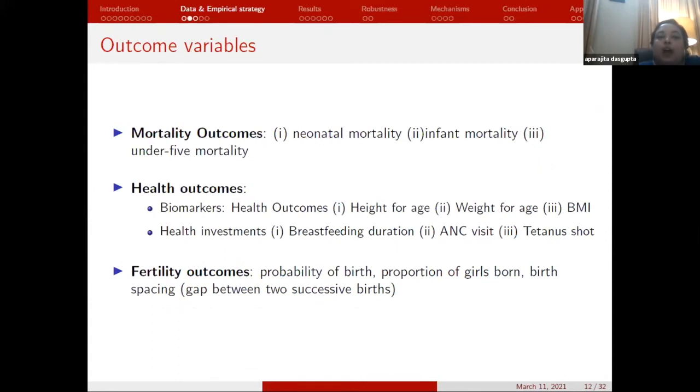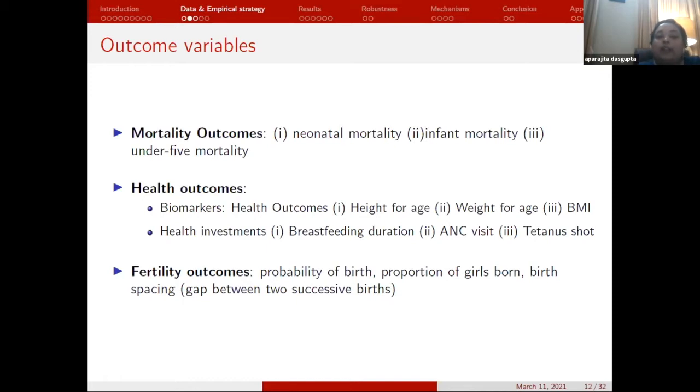In terms of the outcome variables, we study a range of outcomes starting from mortality. We create indicator variables for neonatal mortality, which takes value 1 if the child dies within the first month of birth. For infant mortality, it takes value 1 if the child dies in the first year of birth, and under 5 mortality taking value 1 if the child dies in the first 5 years.